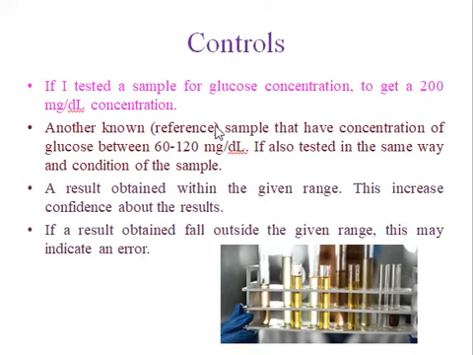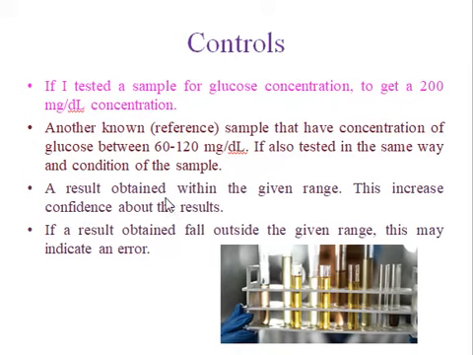If this control sample has been handled and tested in the same way and condition as the sample when being tested, and the result obtained is within the given range between 60 to 120, this increases confidence about the result.